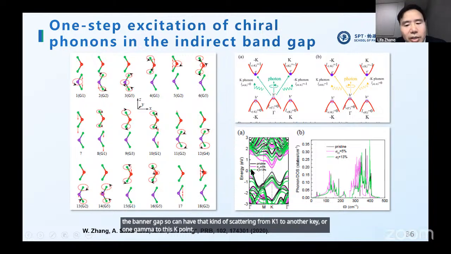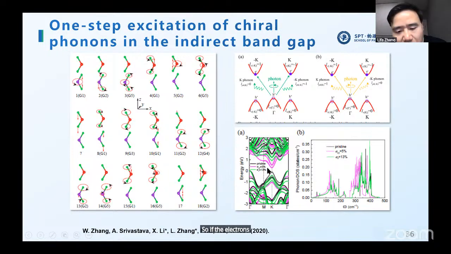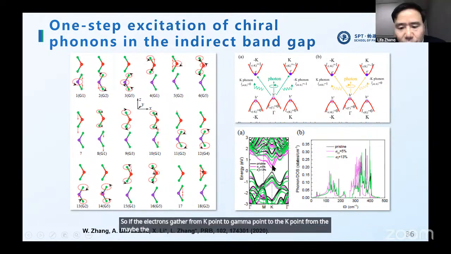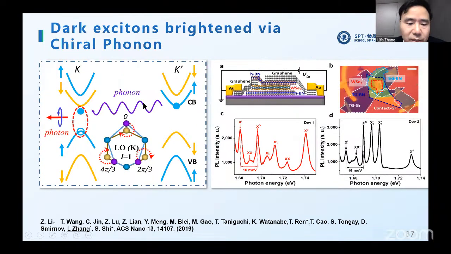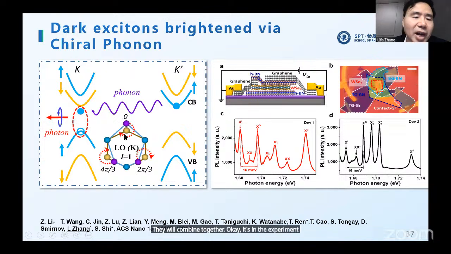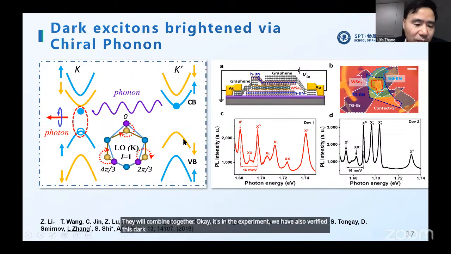So if the electrons scatter from the K point to the gamma point, from the valence band to the conduction band, then we need to consider the phonon energy change in this first step. The phonon, photon and electron combine together. The experiment can also verify this: dark excitons brightened by chiral phonons.